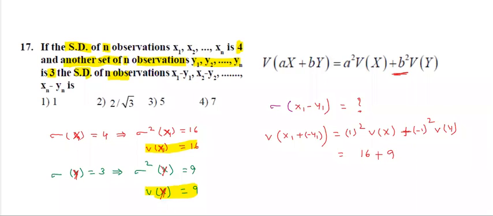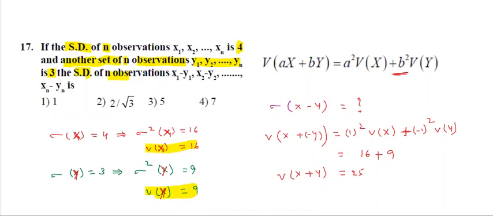Here we get 16 plus 9, 25. This is the variance of x minus y. Sorry, remove the x1, y1.